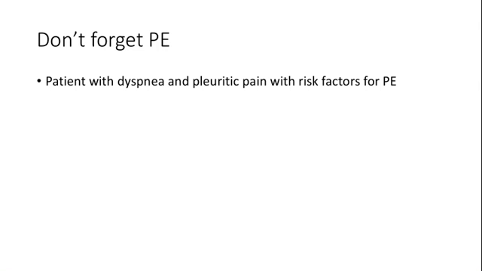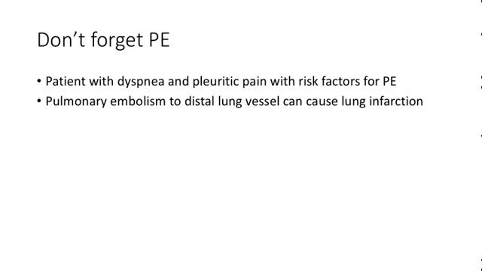And very importantly, you must remember that pulmonary emboli can cause pleural effusions. The classic thing here is someone who develops new shortness of breath, they've been immobilized, all the risk factors, and they also get some pleuritic pain. The pathophysiology is that you have a distal infarction in the lung, and the infarction leads to inflammation and drainage of white blood cells and a little bit of blood, ultimately leading to a small effusion forming.